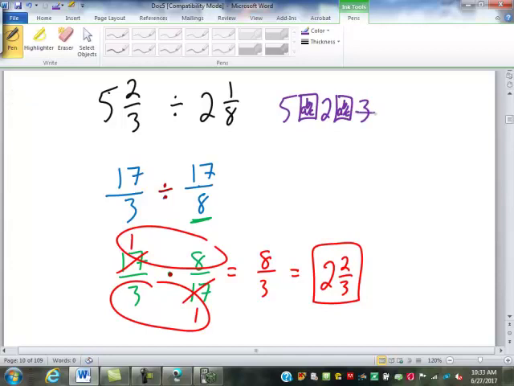That's 5 2/3. Then divided by 2 ABC 1 ABC 8. Hit equals. It spits out the 2 2/3.